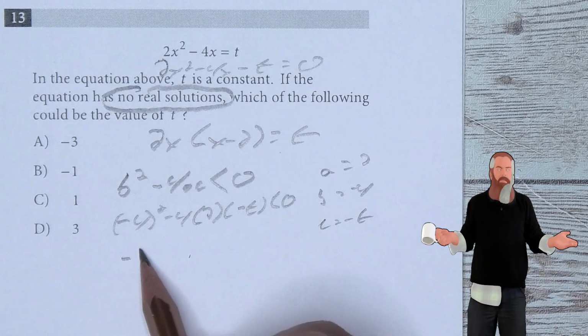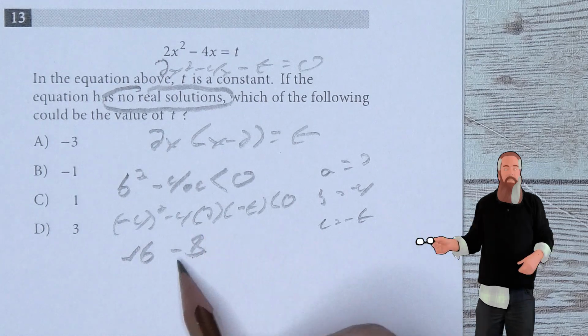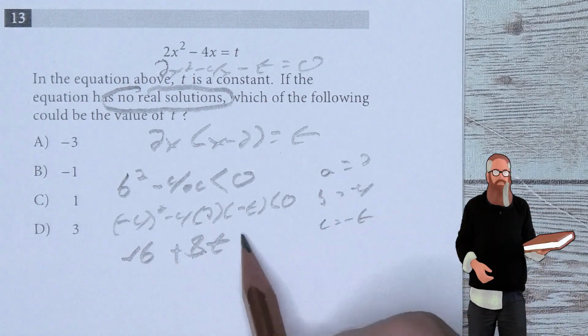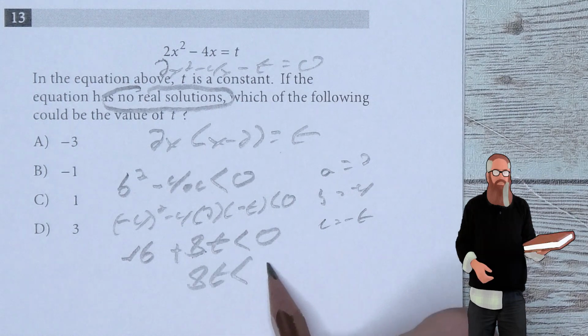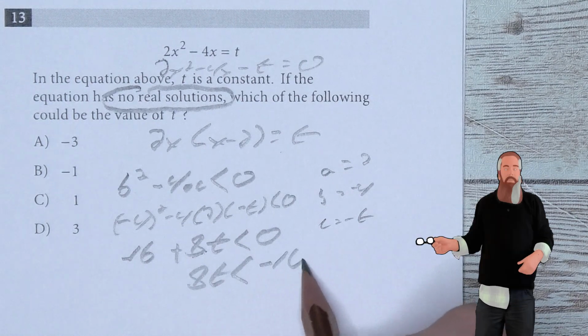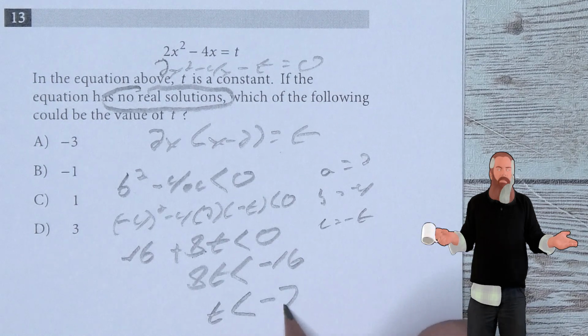That's a positive 16 minus 8 times negative t, so plus 8t is less than 0, or 8t is less than a negative 16, meaning t must be less than negative 2.